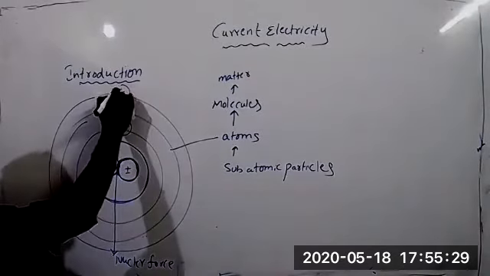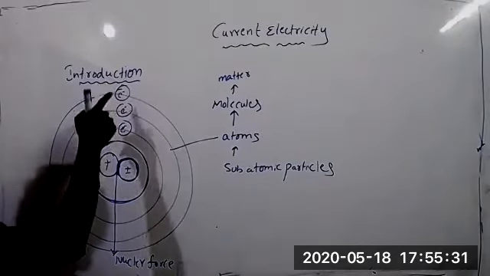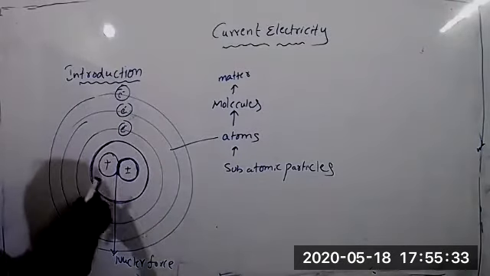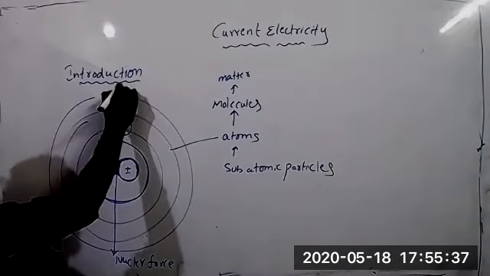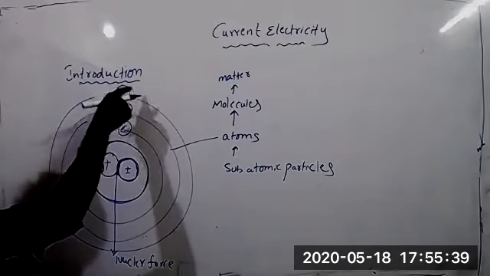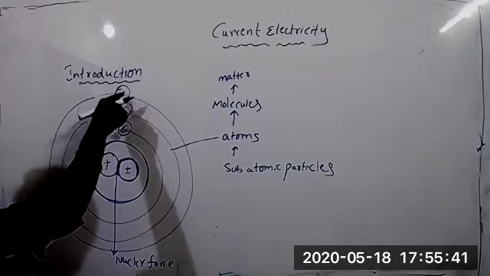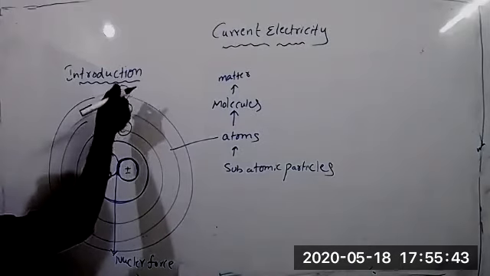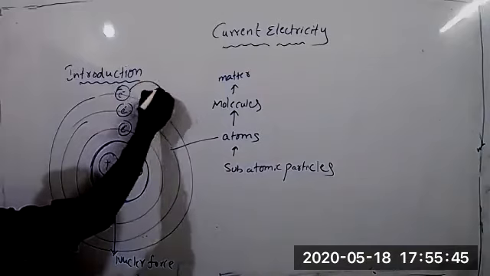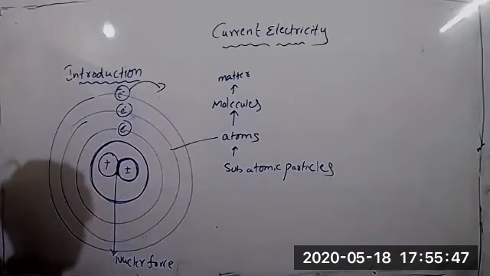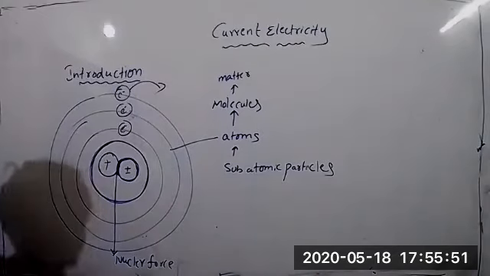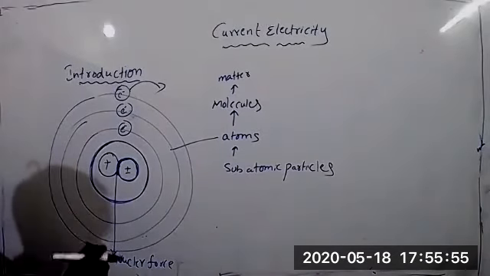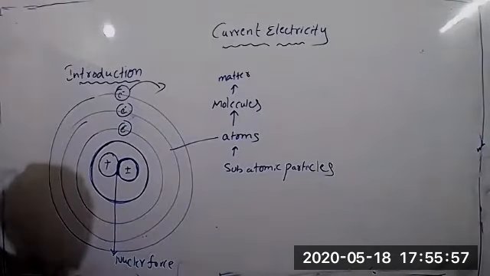That means there is no effect on this electron due to the nucleus, so this electron moves freely and randomly. If we give a small amount of energy to this electron, it will come out. The flow of these free electrons causes current.